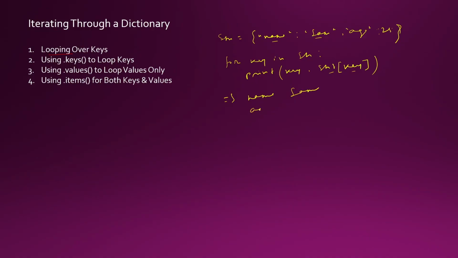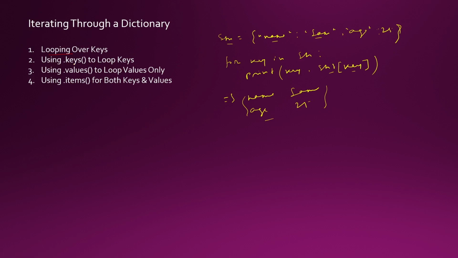In the same way, age and 25. This will be my output. If I just run a for loop on my dictionary, it will give me this output.